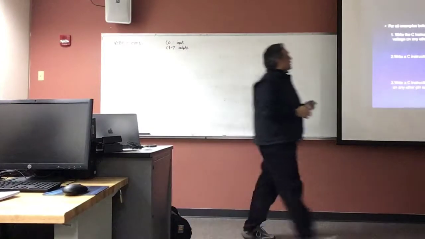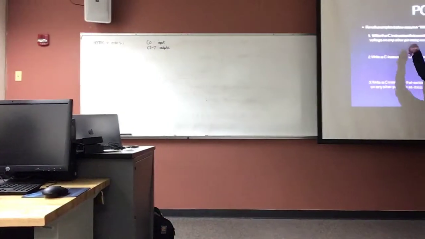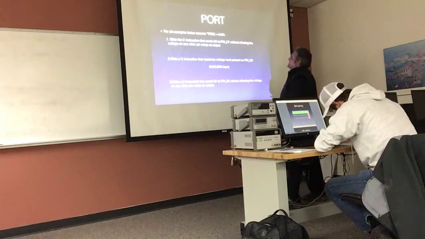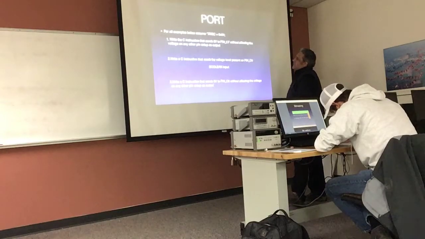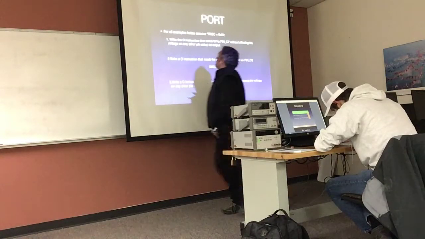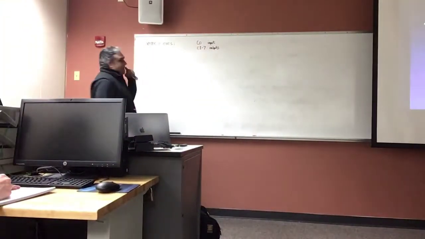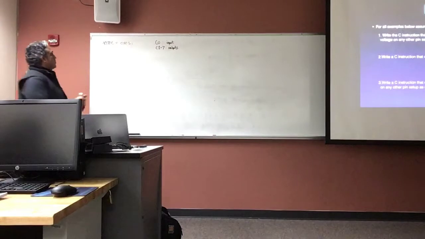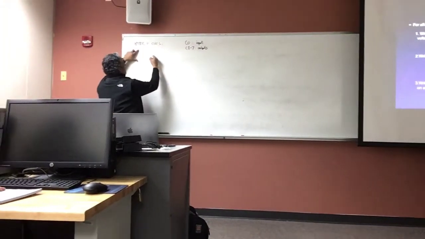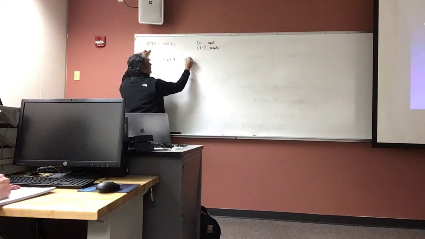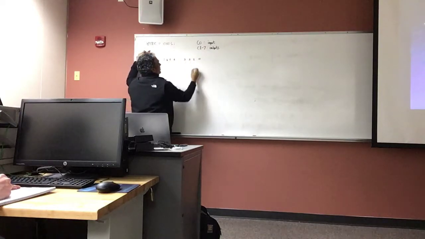Now, take the question. I want you to write the C instruction that sends 5 volts to pin C7 without affecting the voltage on any other pin set up as output. So, the port, you have 7, 6, 5, 4, 3, 2, 1, 0.